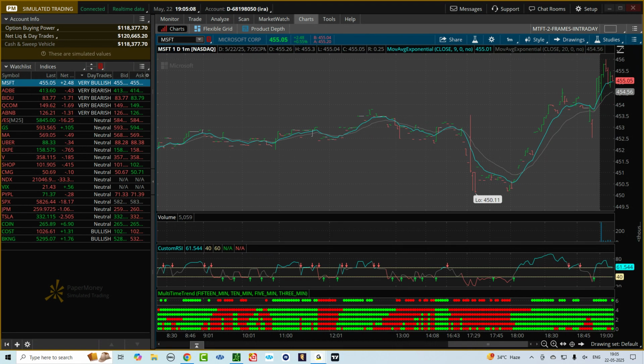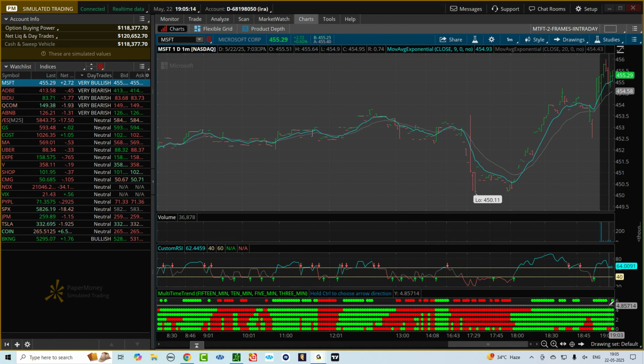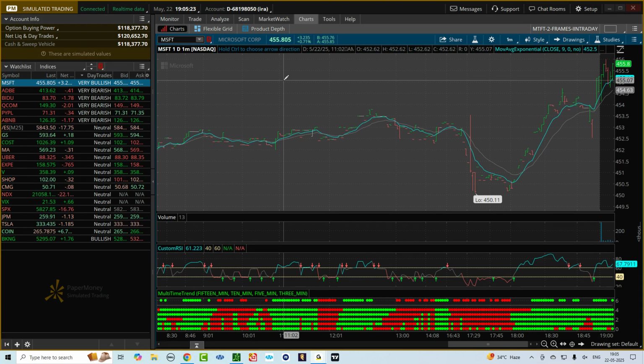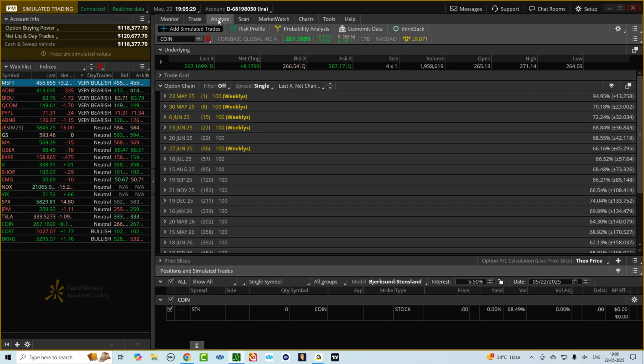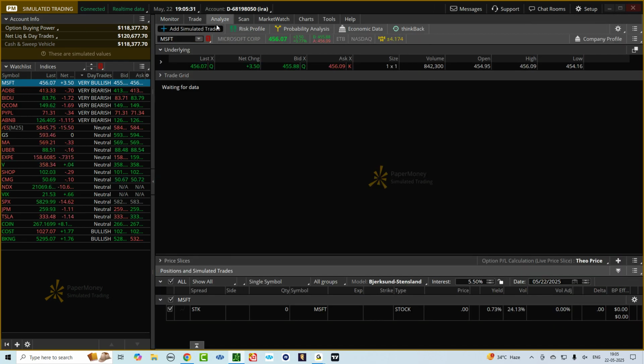So as you can see on Microsoft here, the MTFT is again turning bullish. So Microsoft is the only one that's looking somewhat consistent after the markets have opened, and we can perhaps take a trade here on Microsoft. If we were actually doing it, we would take a trade, and how we would take a trade is, we would go in, not the one that's firing tomorrow.